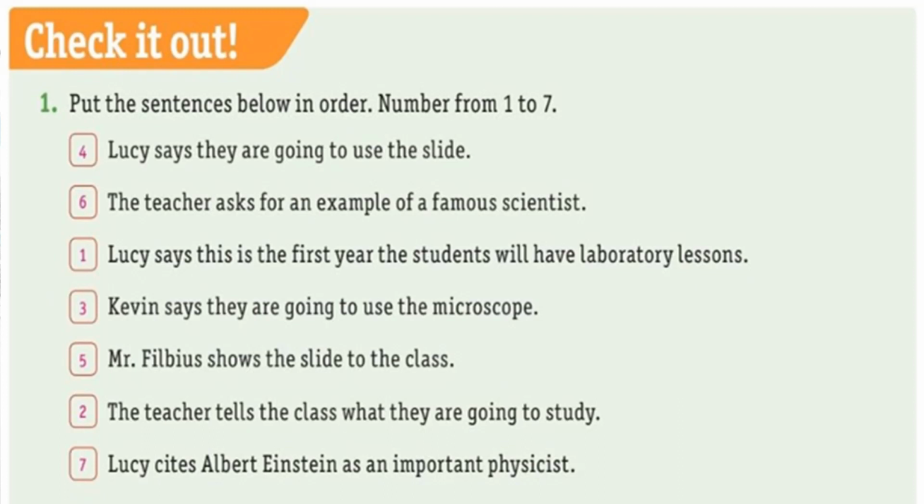Number 4, Lucy says they are going to use the slide. Number 5, Mr. Philbos shows the slide to the class. Number 6, the teacher asks for an example of a famous scientist. And number 7, the last one, Lucy cites Albert Einstein as an important physicist.